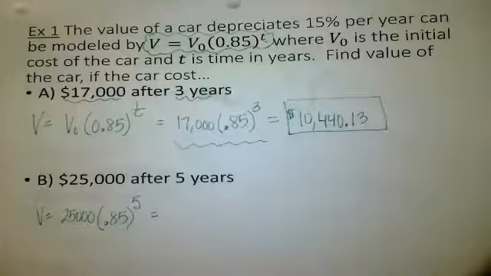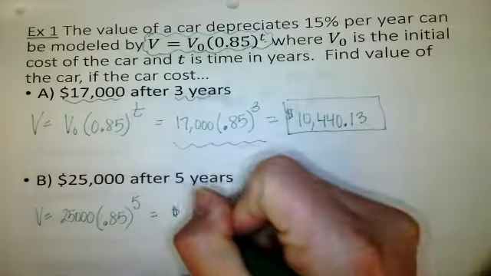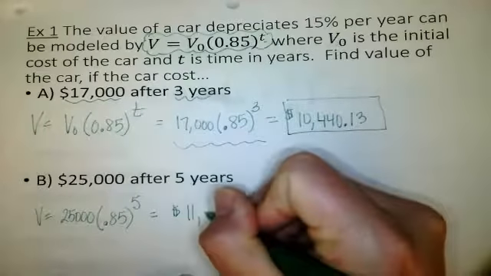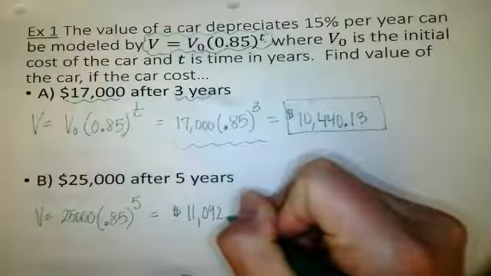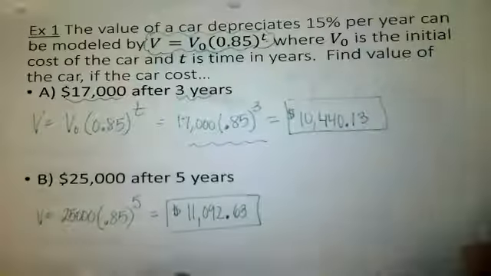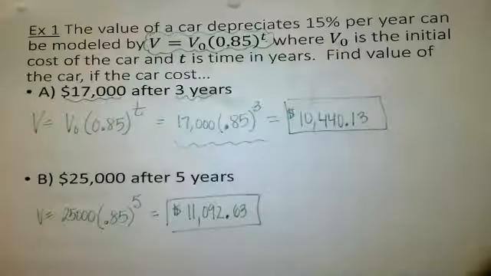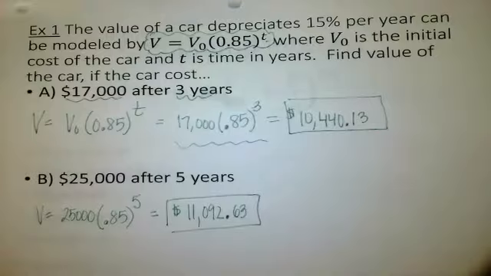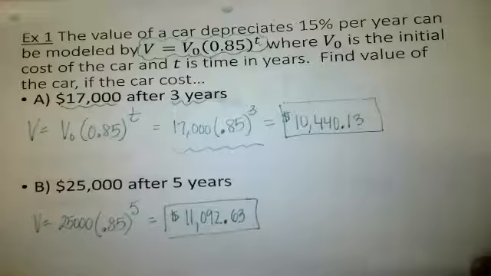And after 5 years, how much is that $25,000 car worth? $11,092.63. Less than half of its value. All right, anybody have problems with their calculators? Let me know. Gotta know how to use your calculator.